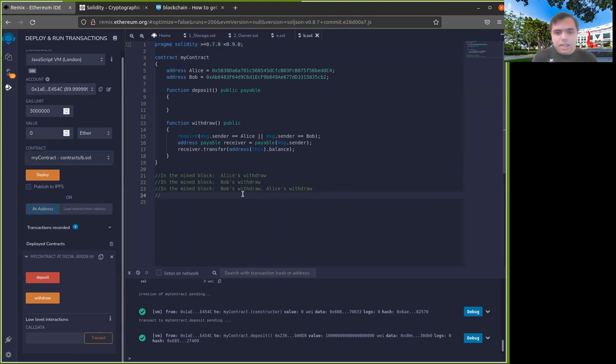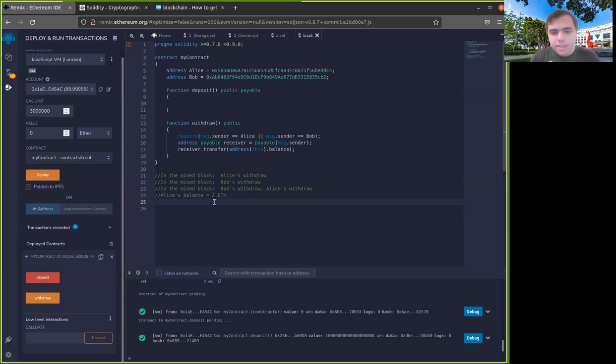Let's say, for example, a very small number. I'm going to give you random numbers here, but anyway, let's say I have 2 ether. And let's say that I want to bribe the miner 5 ether to put my transaction before Bob's transaction.